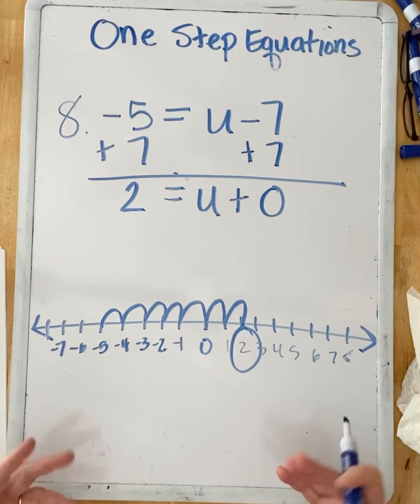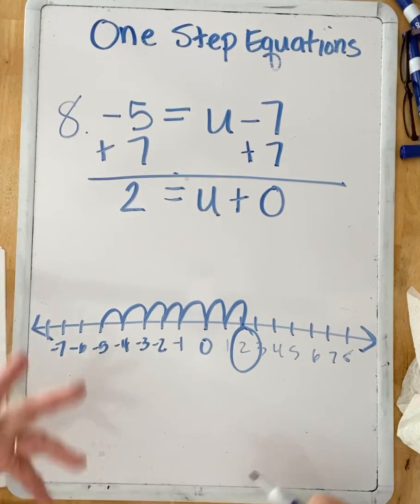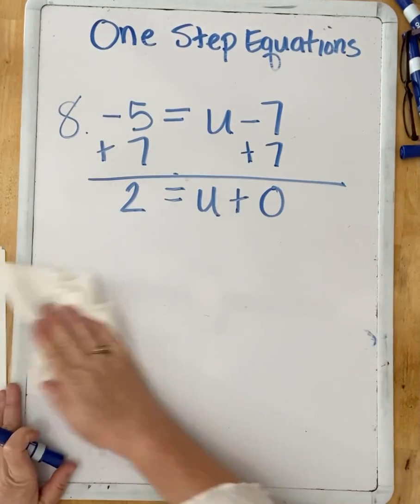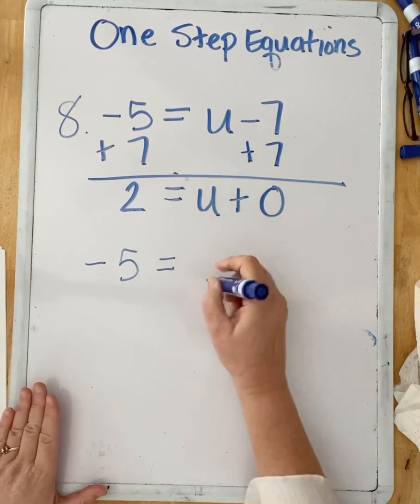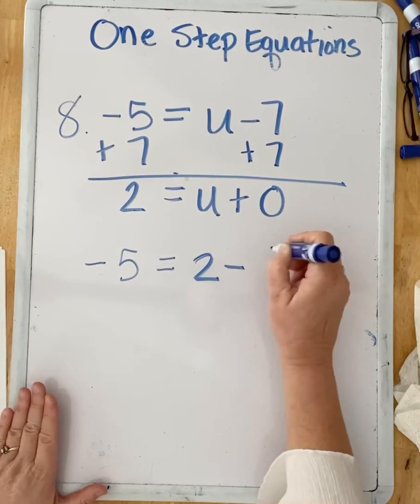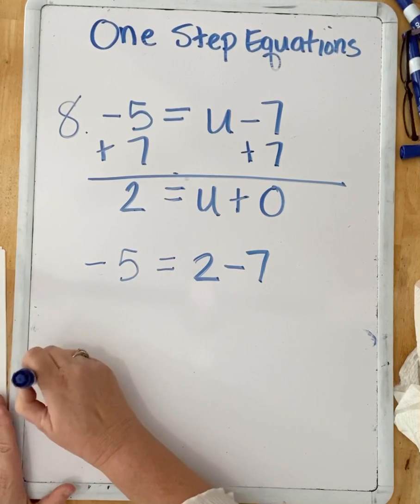So let's go ahead and check that. When I do the substitution, that's called checking. So I have -5 equals 2 minus 7.